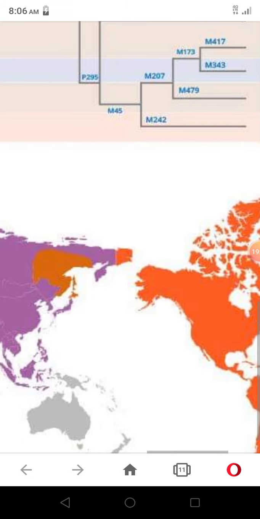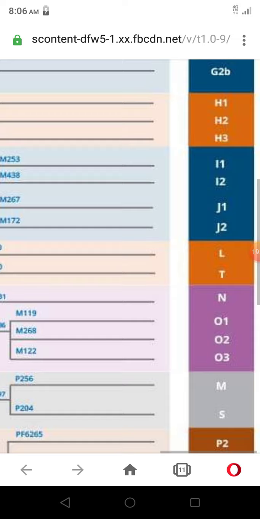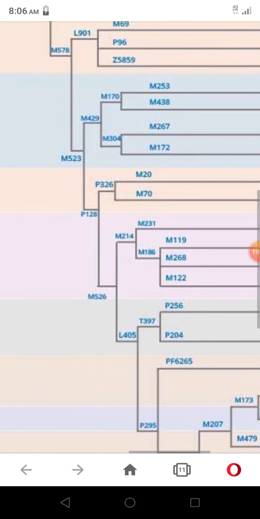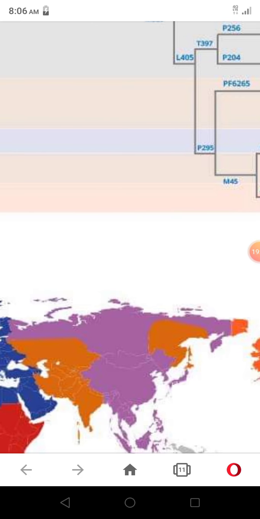They put, for some odd reason, that orange, the same orange color of the H and the LT and the C in this region of Siberia or Russia, and then back into the regions of Western Asia, Western and Central Asia.